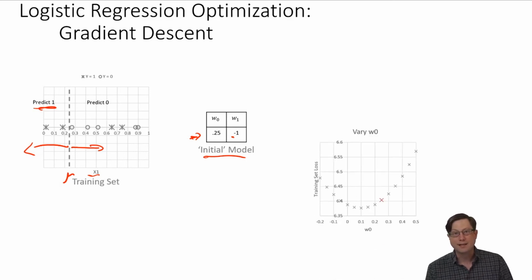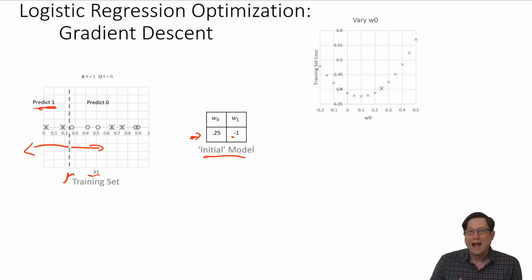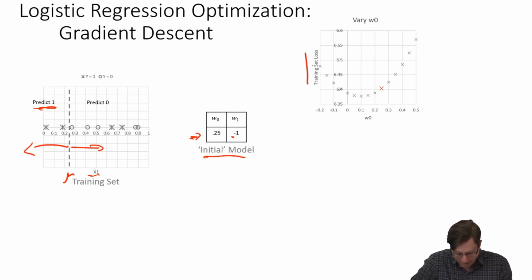But we're not talking about that anymore. We're talking about gradient descent. So what happens if you vary weight 0? Let's try a bunch of different values for weight 0, because we're trying to find the weight 0 that optimizes the loss on this data set. Now, if I calculate the loss and I vary weight 0, each x here is a point, so I've tried all of these different possible values of weight 0.